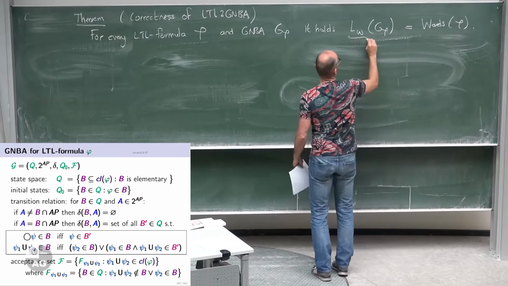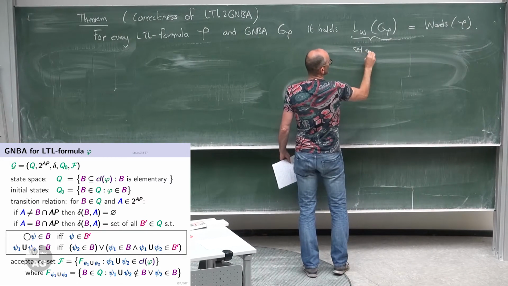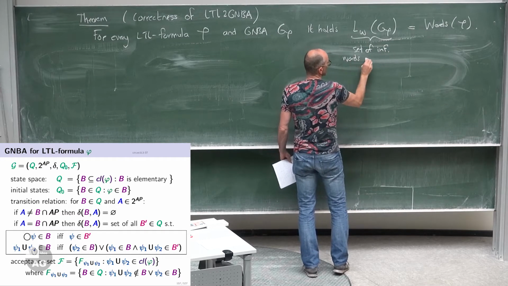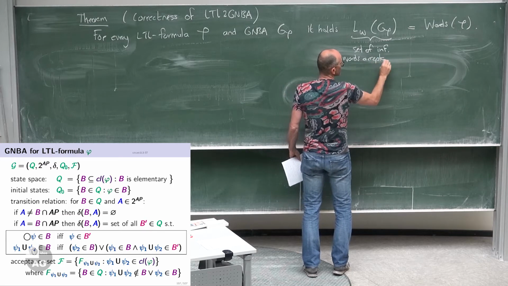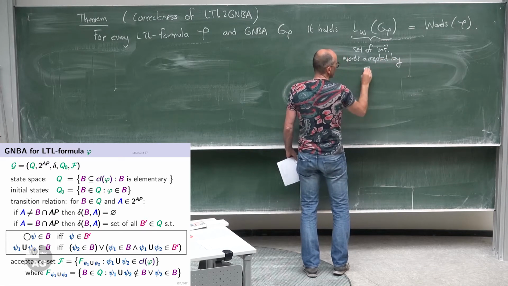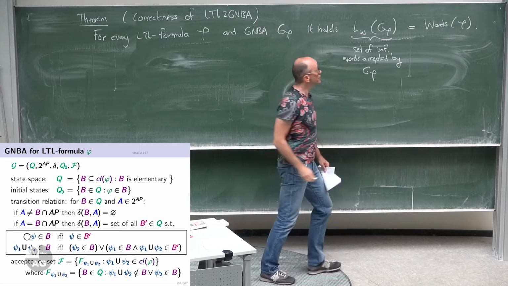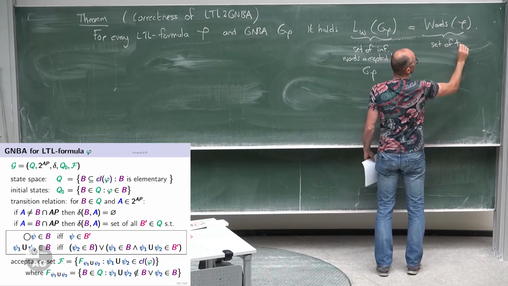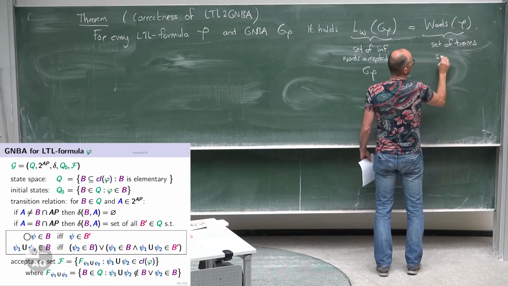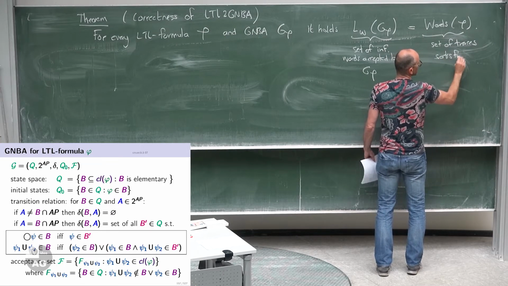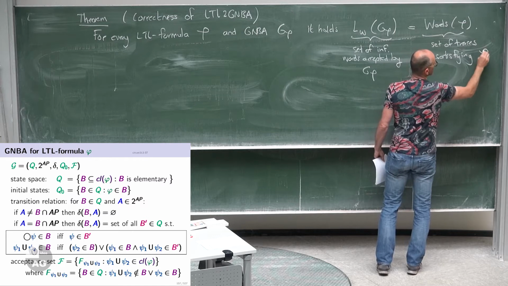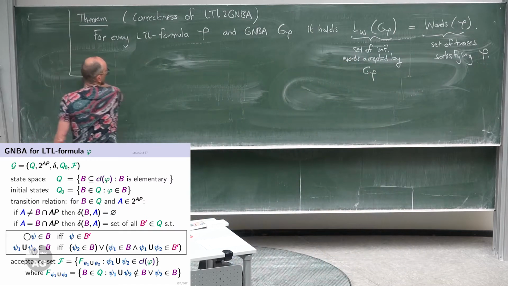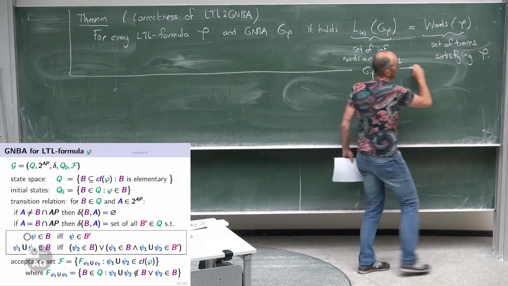So what does this mean? This means the set of infinite words accepted by G phi equals the set of traces satisfying phi. Good. This is what we want to show.